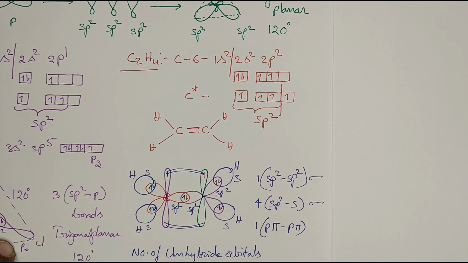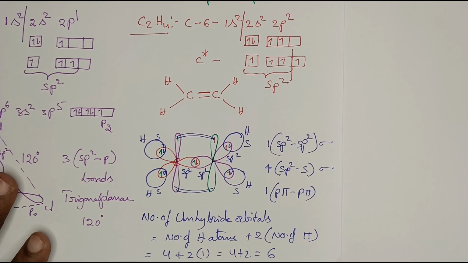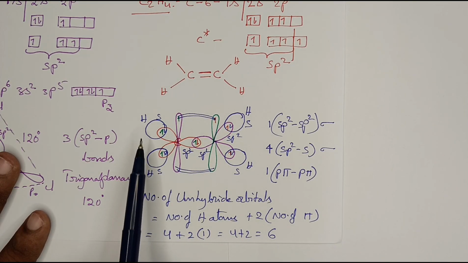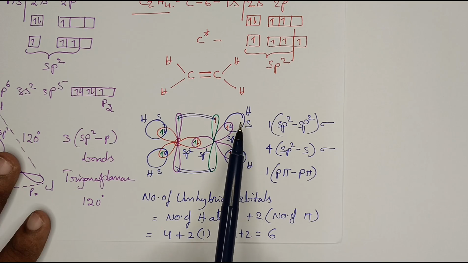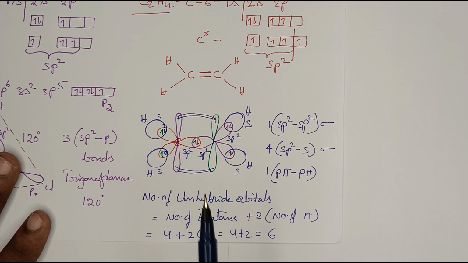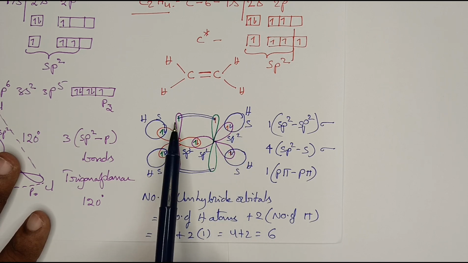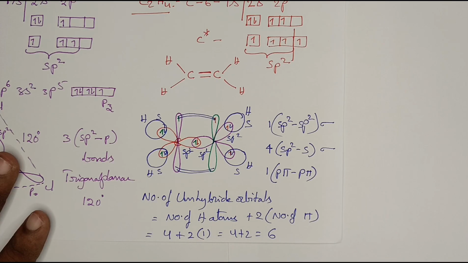So 4 plus 2 into the number of pi bonds, which is 1. So 4 plus 2 equals 6. 6 pure or unhybrid orbitals will be there. Let us verify: 1, 2, 3, 4, the 4 s orbitals are pure, this one is pure and this one is pure. So there are 1, 2, 3, 4, 5, 6. So 6 pure orbitals are there.